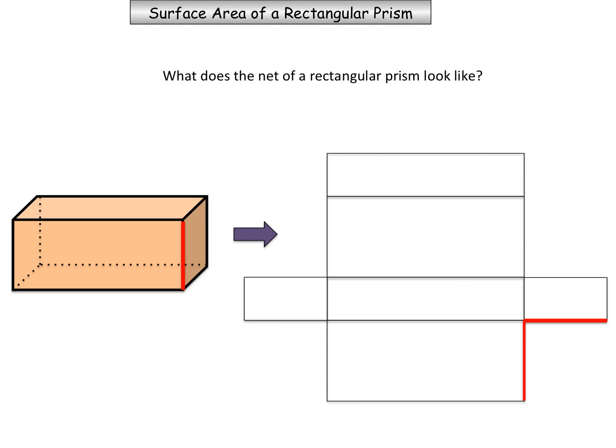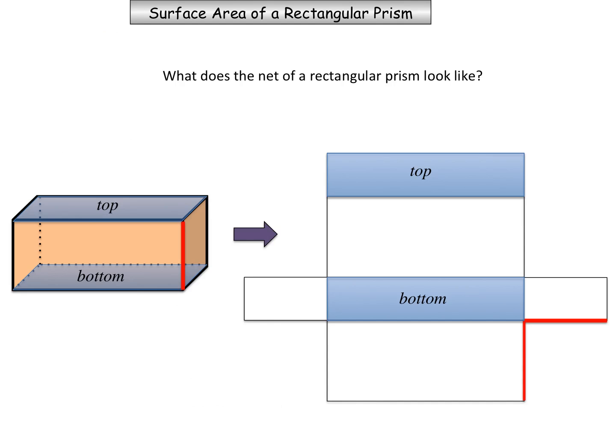Also, the length in red on the prism is the same as those two lengths on those two sides of the rectangles, because they match up. If I bring this particular face up and this one as well, these two sides will join together, so they're the same distance in length.